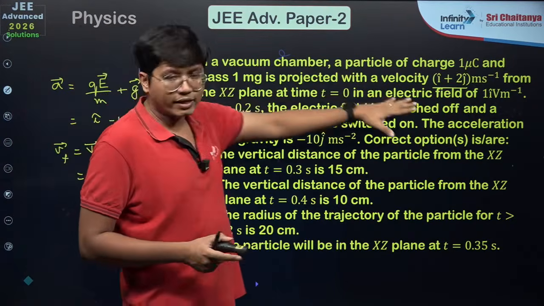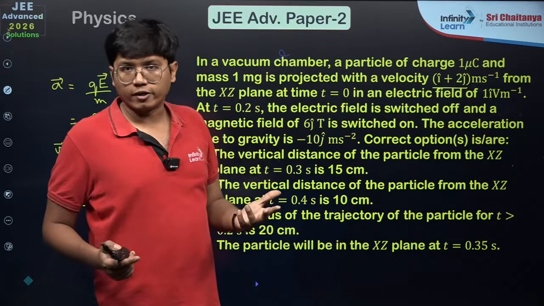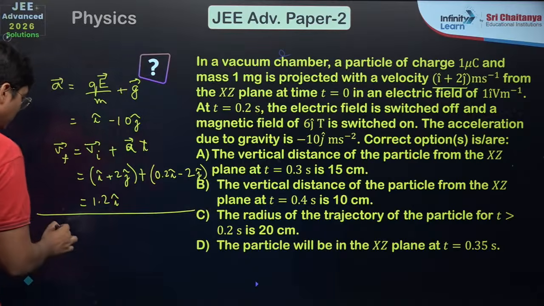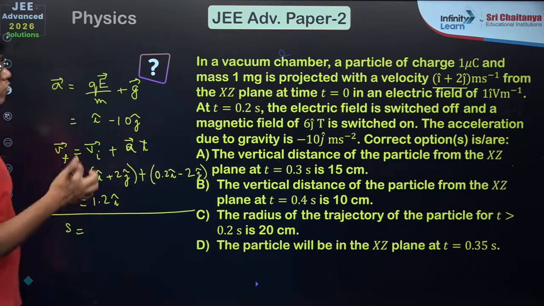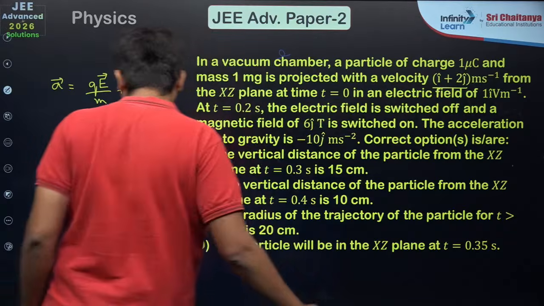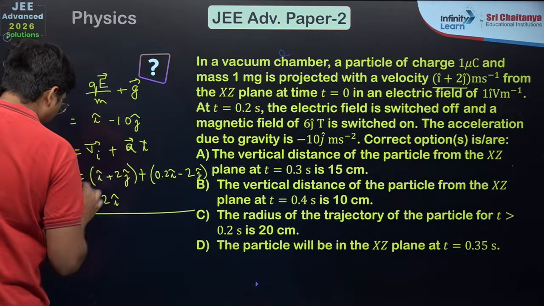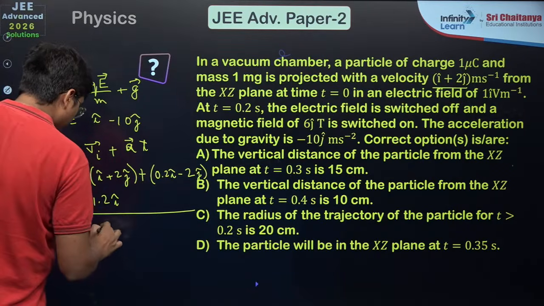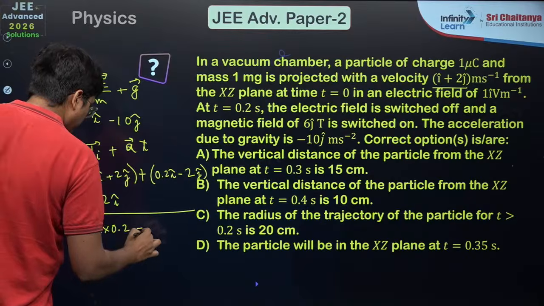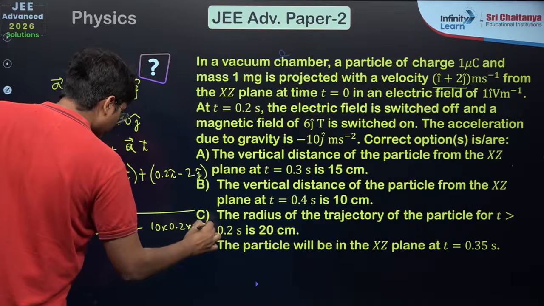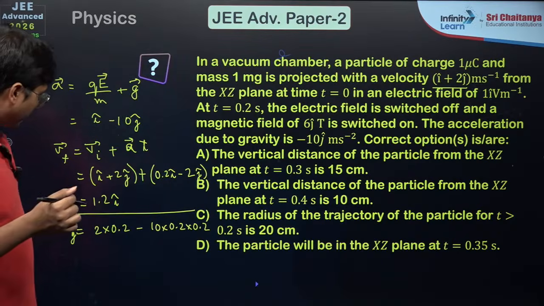Now before we get into that, one more thing we will have to calculate, which is at the end of this 0.2 seconds, what was its y coordinate? So S is equal to, say if I go with ut plus half at square, just for the y coordinate, I'll call it Sy. Ut is 2 into 0.2, minus 10 into 0.2 into 0.2, right?